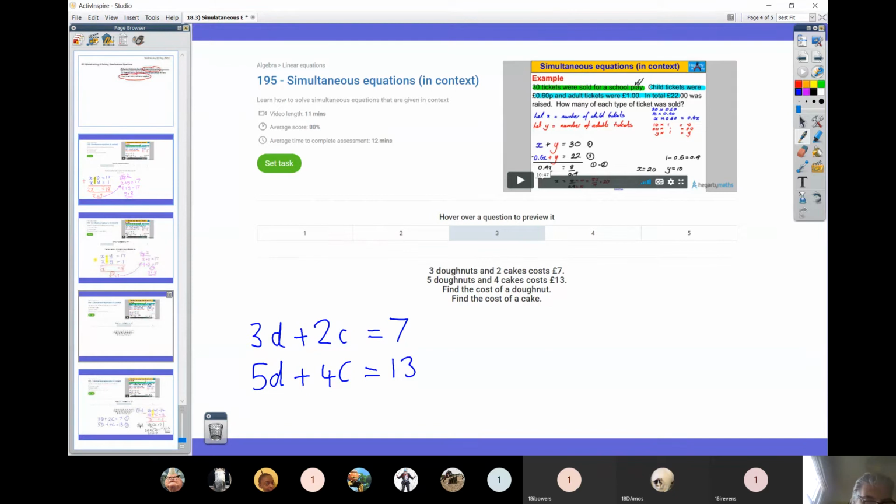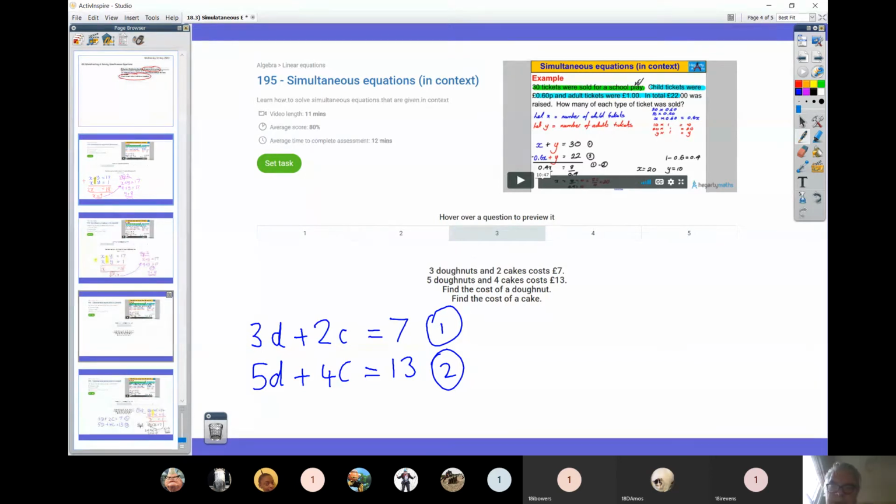Now I can't just add these together or subtract them yet because I don't have either the C's or the D's having the same numerical value. So if I call this equation 1 and this equation 2, I can see that if I double equation 1, I will get 4C, and equation 2 also has 4C.